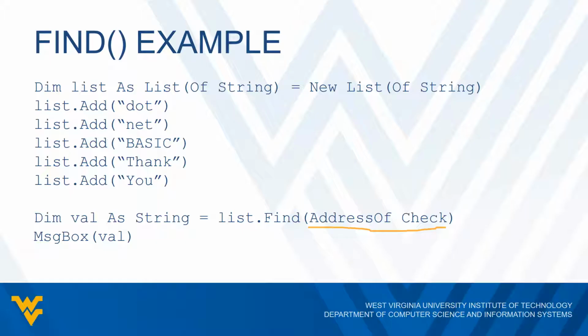In this case, the first string that contains 5 characters is basic. So basic gets stored in val. Then in the next line, we display the contents of val in a message box. So this code is going to output basic in a message box.